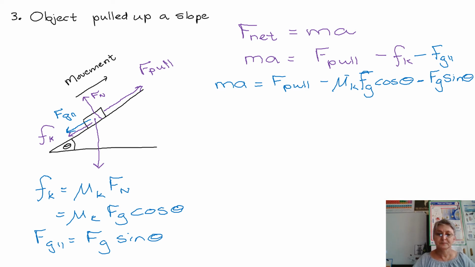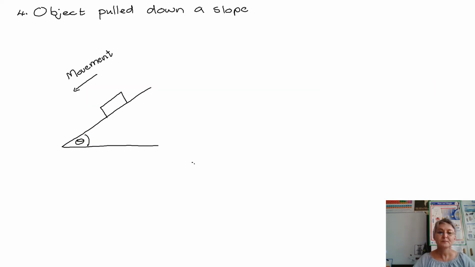Right, the last one, the object is pulled down the slope, so the motion would be down the slope as well. So you've got Fg acting, sorry for my squiggly line there, should be a straight line. Fg parallel, Fg, the normal force will still be acting.